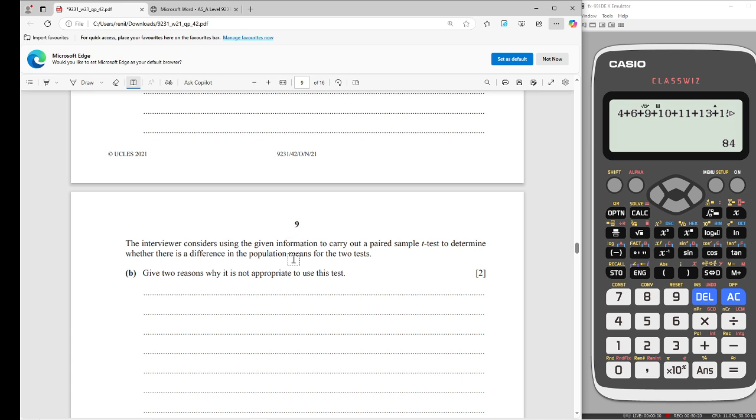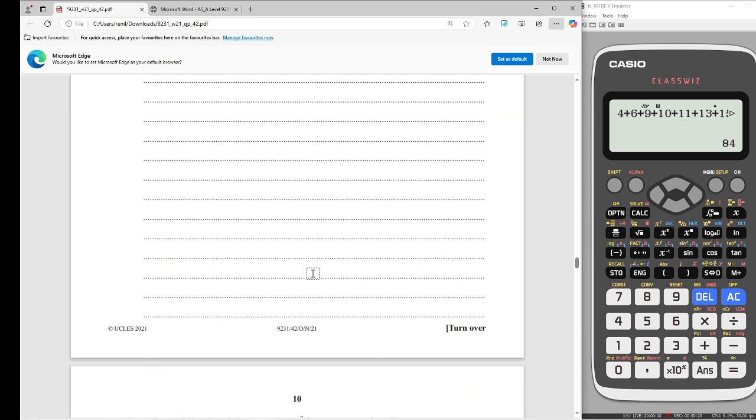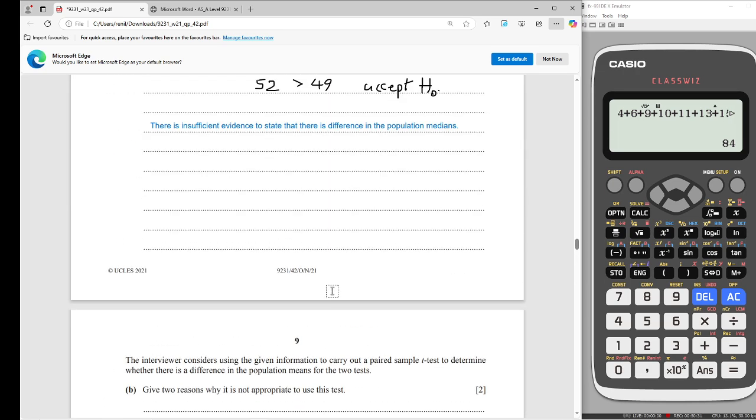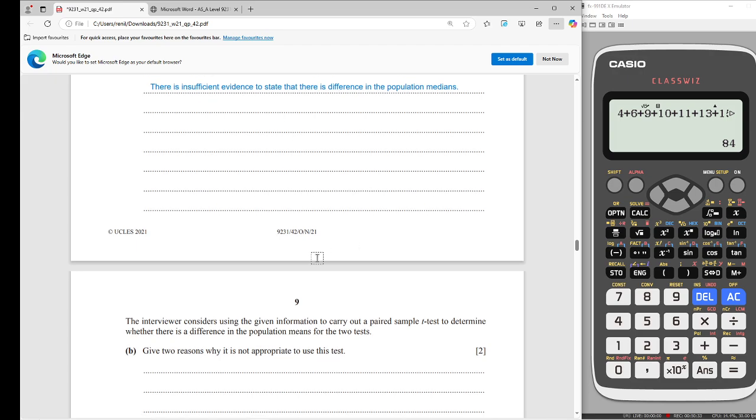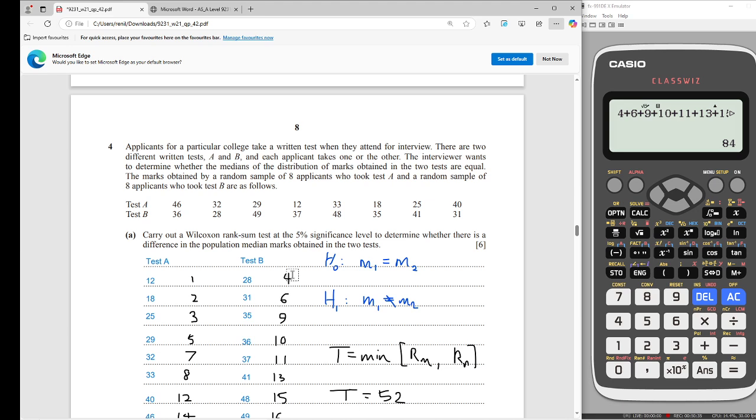Interviewer considers using the given information to carry out a paired sample t-test to determine whether there's a difference in the population means. Okay, a paired sample t-test, sure. Why would this not work? It's really simple.